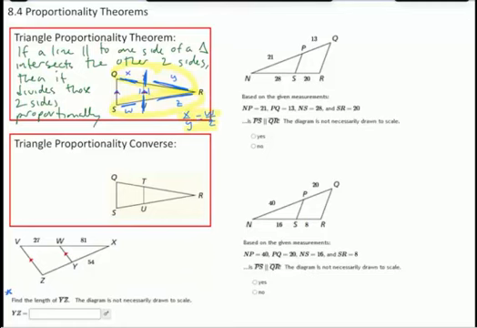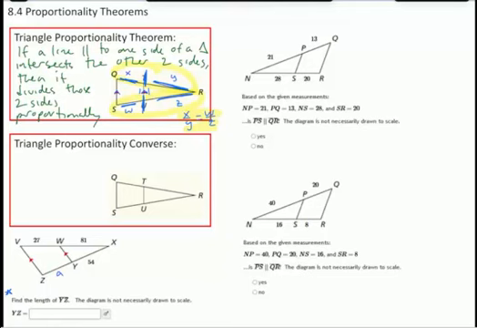Okay, so if you could find what would be the measure of YZ if you have the given sides based on that triangle proportionality theorem. So when you set up the ratios, you're going to set up the ratio of the two parts of one side equal to the ratio of the two parts of the other side. And so again, I'm going to go ahead and give this a variable here, A, just to designate.